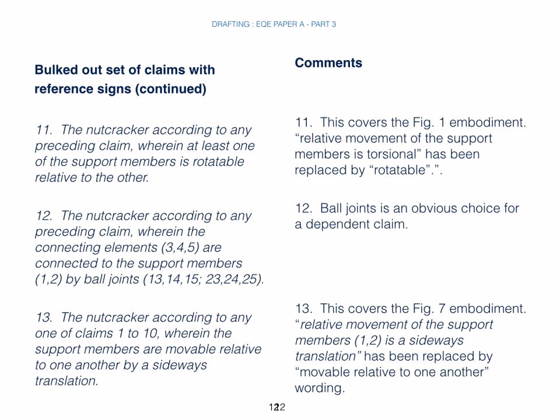Claim 11 is a Nutcracker according to any preceding claim, wherein at least one of the support members is rotatable relative to the other. Note that the wording of this claim changed from the previous draft, where I was talking about relative movement of the support members being torsional.